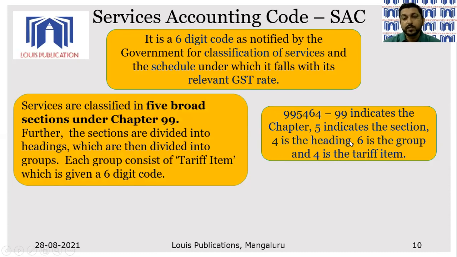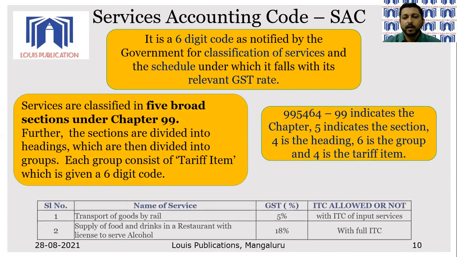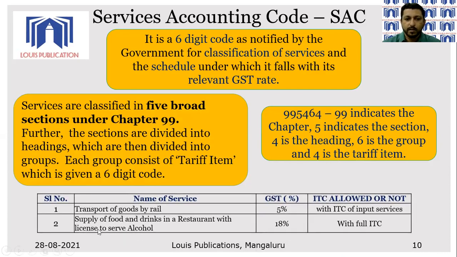So we cannot simply say all services are GST-able at 18%. This is the wrong notion that many of them carry. There are services which are GST-able at 5%, there are services GST-able at 12%, and a large majority of services which are GST-able at 18%. I've just taken 2 examples.